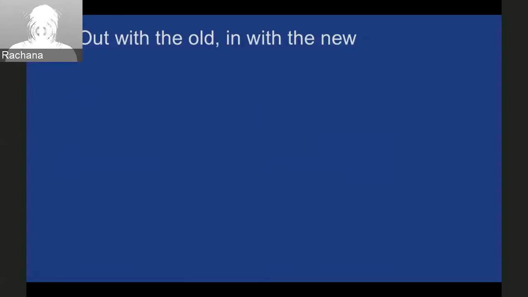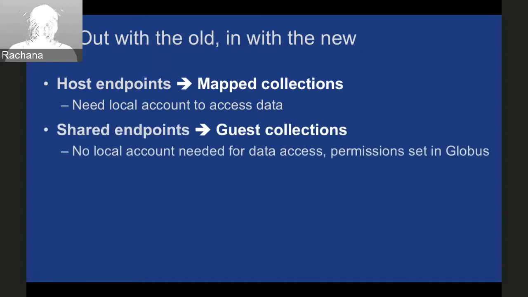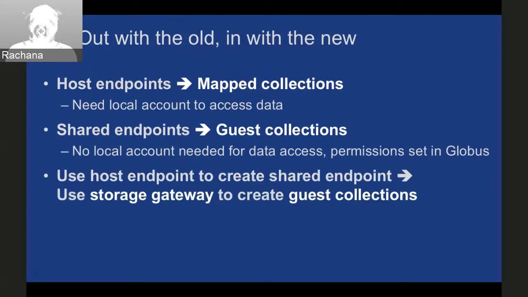Now, for those of you who have 4 deployments, here are some of the changes. Host endpoints today are called mapped collections, and you need a local account to access the data. Shared endpoints are called guest collections, and there is no local account needed to access the data. The permission is set and managed in Globus.